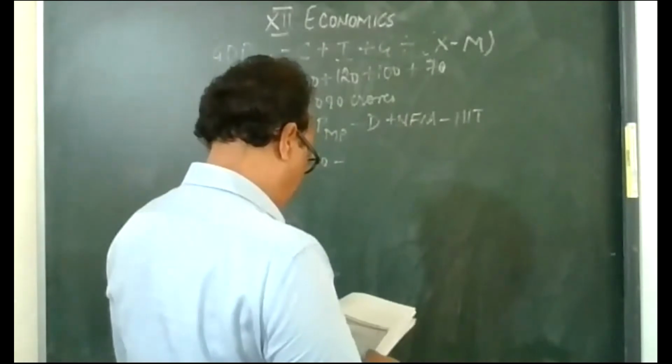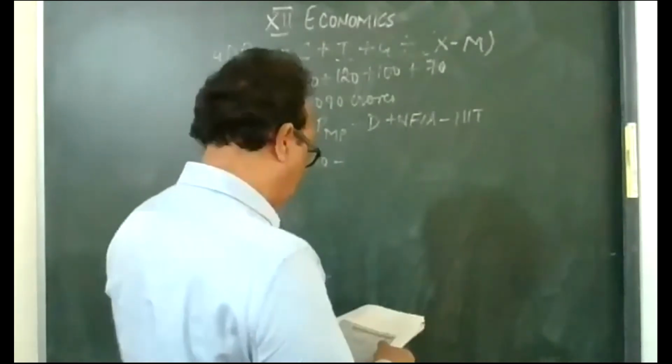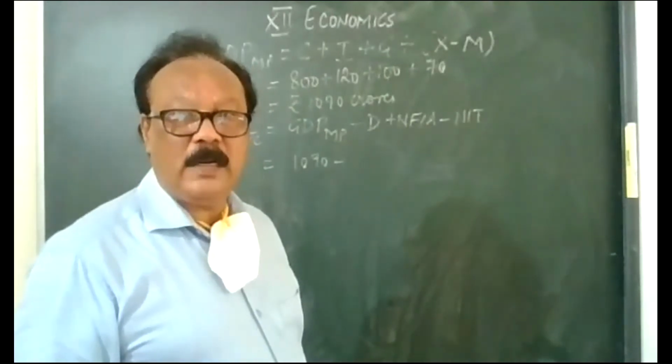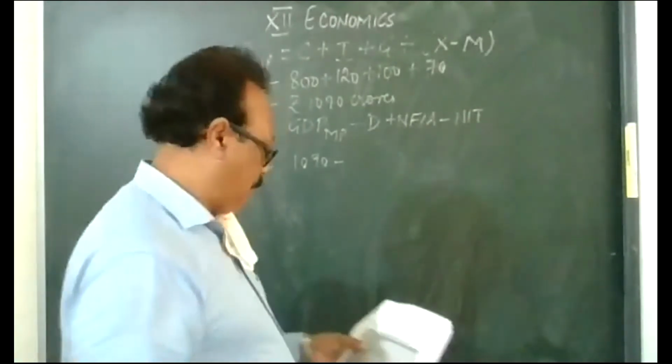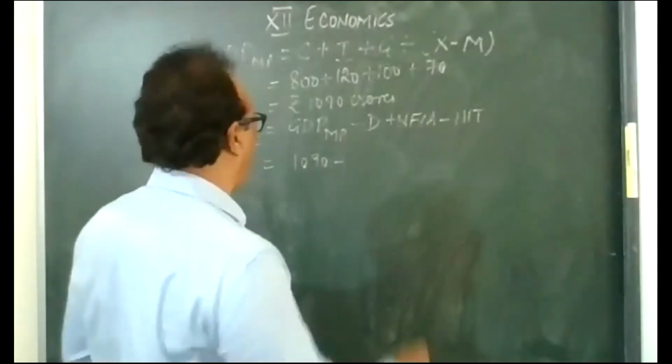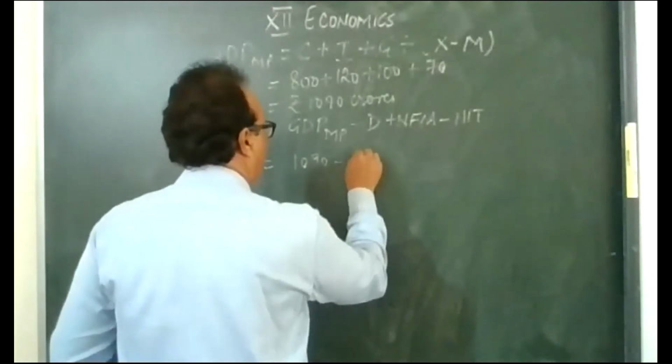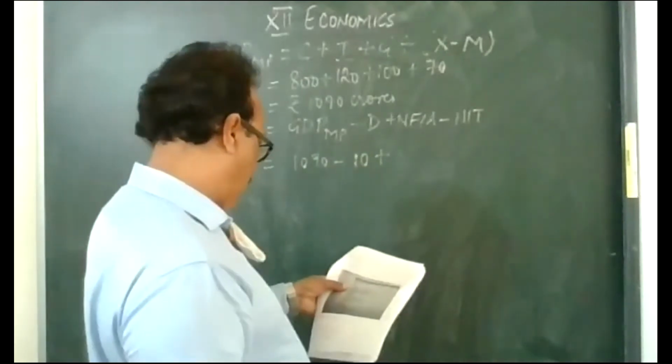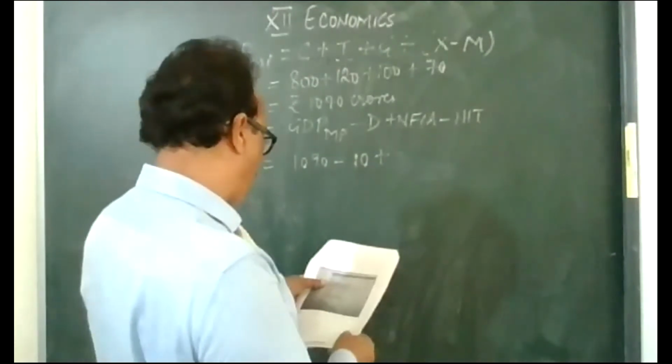Depreciation is given here. Consumption of fixed capital is another name for depreciation. It is given as 10, plus net factor income from abroad.